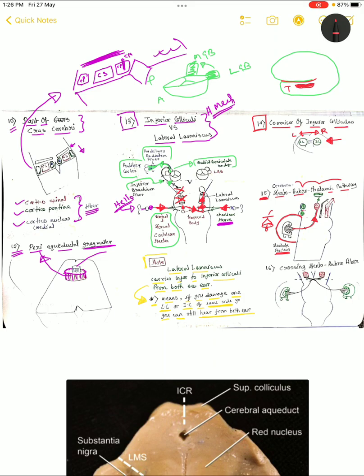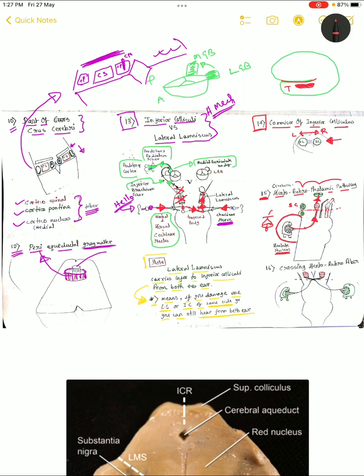If you want to be more specific, the red nucleus is located at the level of superior colliculus, and from there it is going to where? It's going to our thalamus. And you know again, red nucleus function is what? Flexor action. Okay. So you know this pathway.